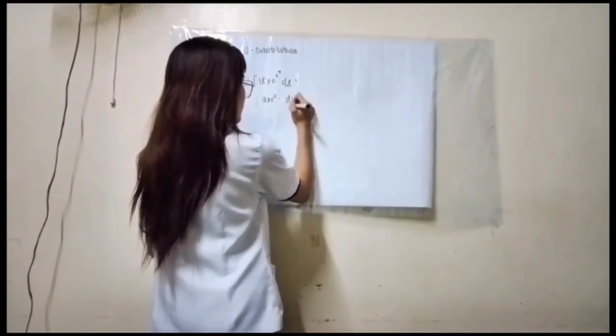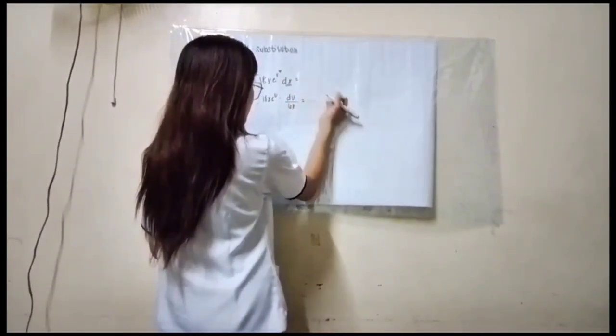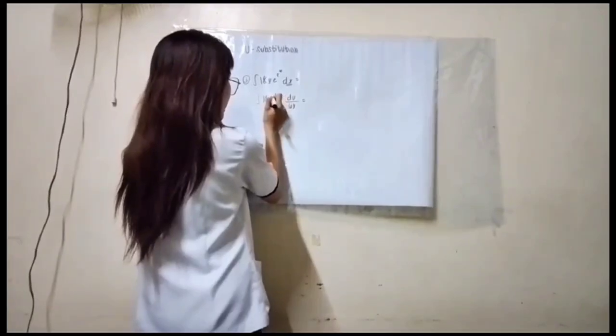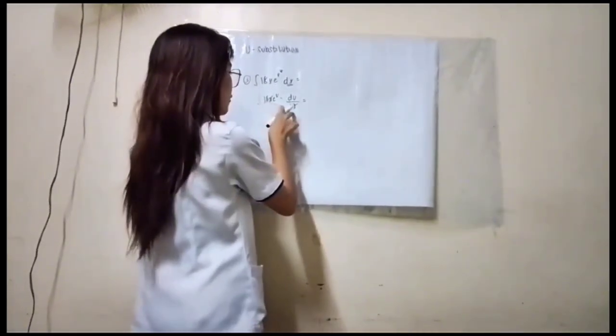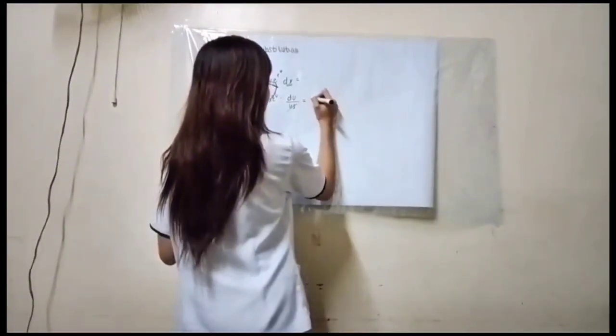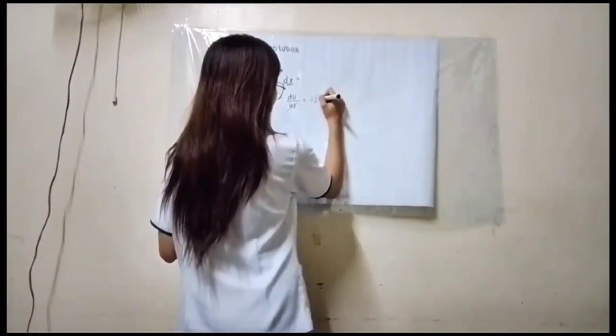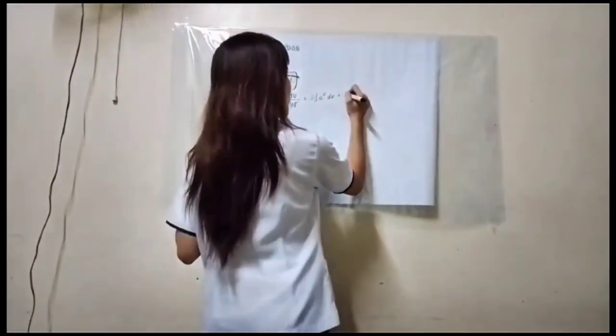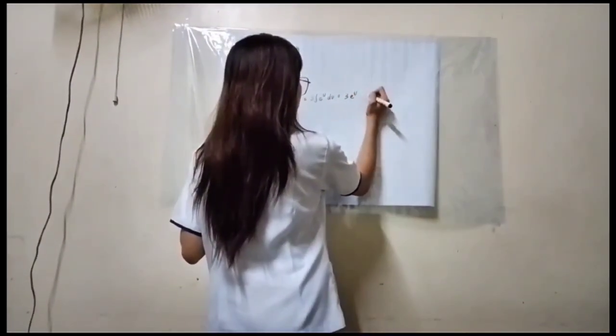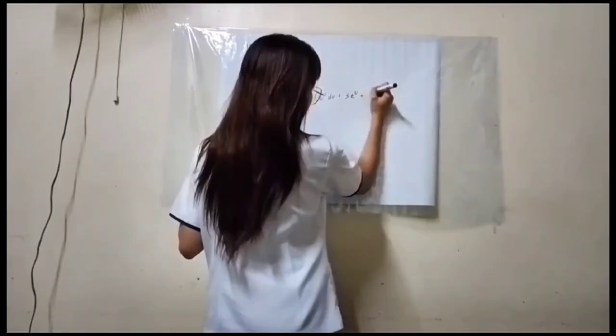So we divide 18x by 6x, which is equal to 3 integral of e to the u. This will be equal to 3 e to the u plus c.